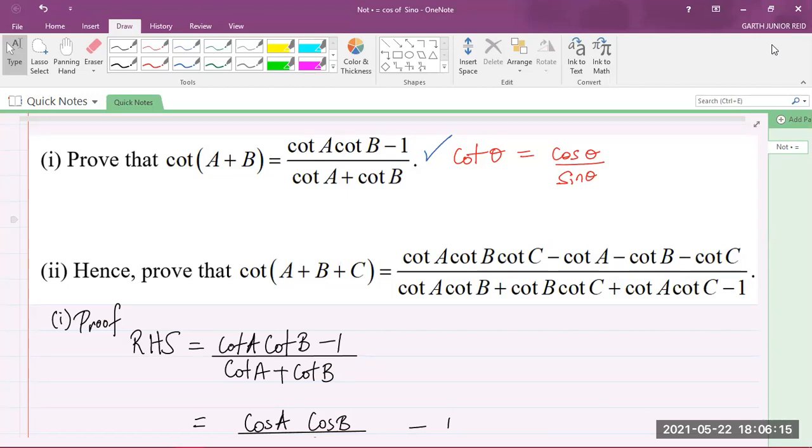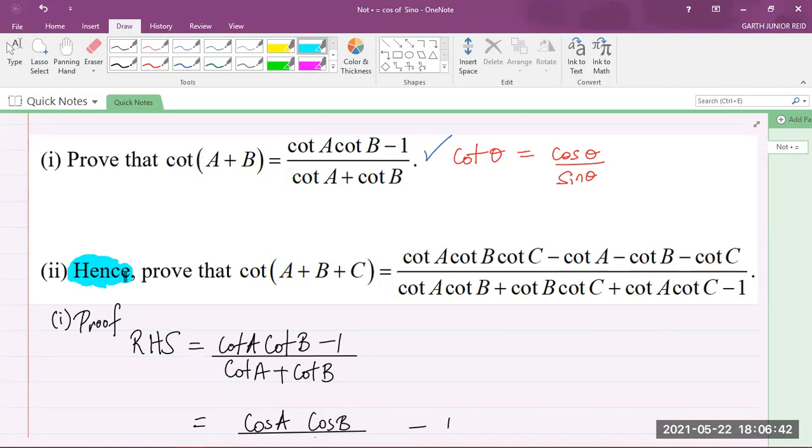Now we can move on to part 2, which says, hence prove that the cot of A plus B plus C is equal to that on the right-hand side. Now, let us notice this word here. This word says hence. Normally, when a question says hence, it means that we need to use something from the previous question in order to do this question.